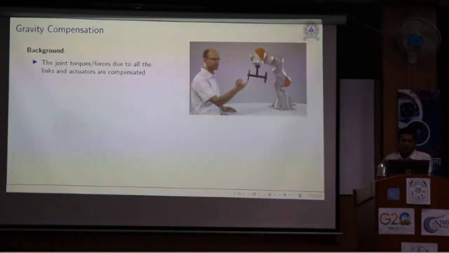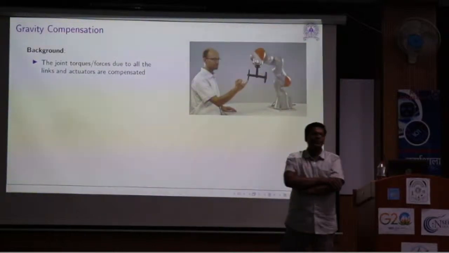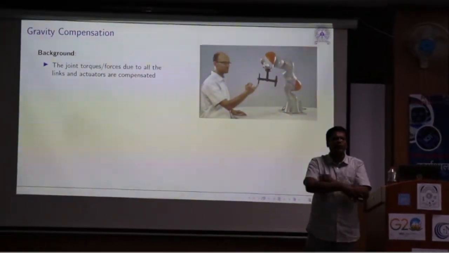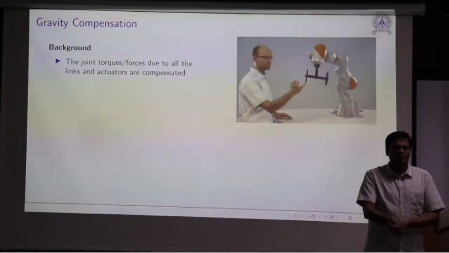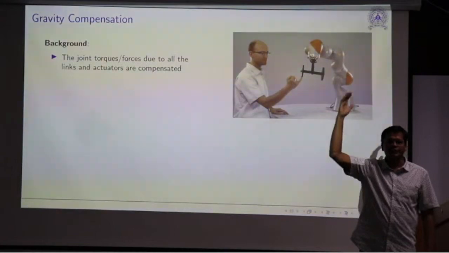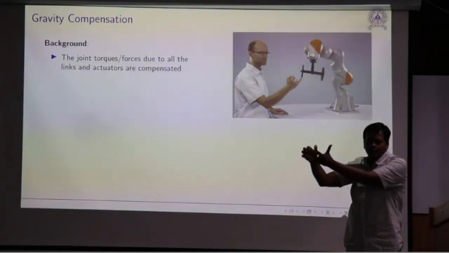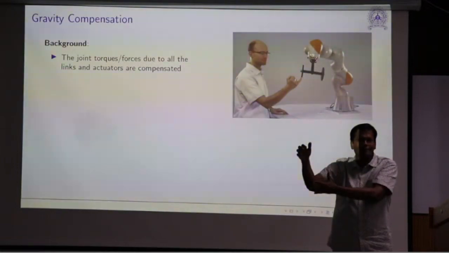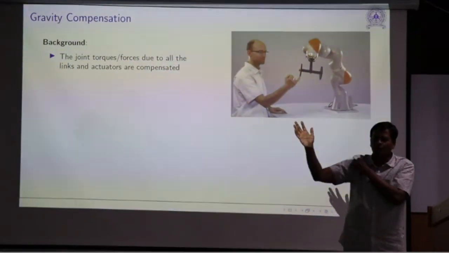the joint forces due to all the links and actuators are compensated. Compensated means your robot will behave as if it is in space. There is no gravitational force acting on it. That means even when it is not moving, there are torques applied at each point. Do you agree? Yes or no? Yes. Due to gravitational pull, that torque will come.